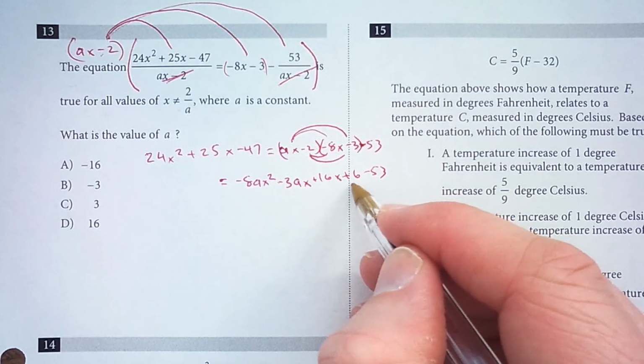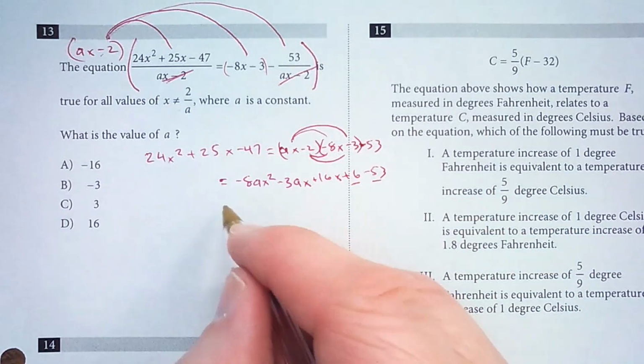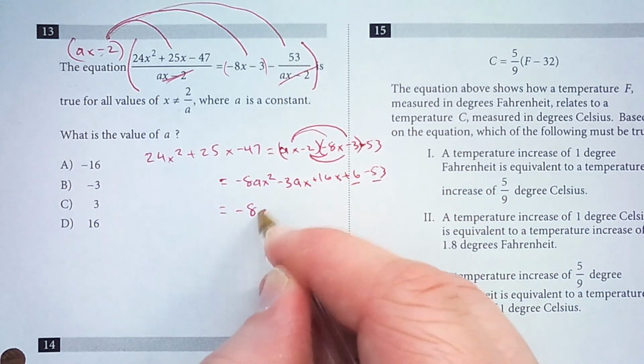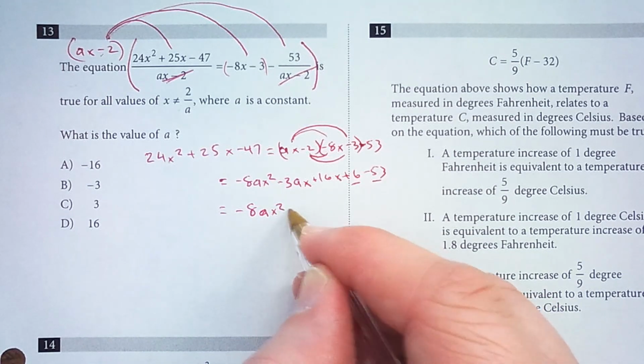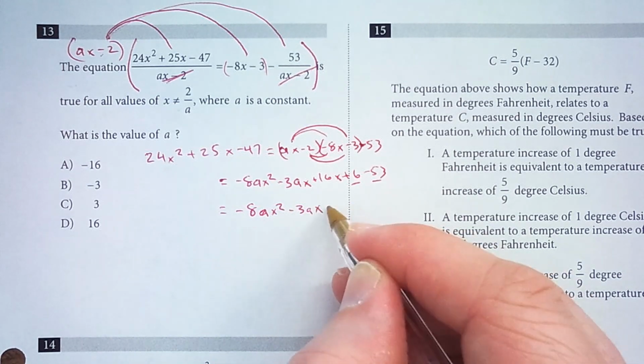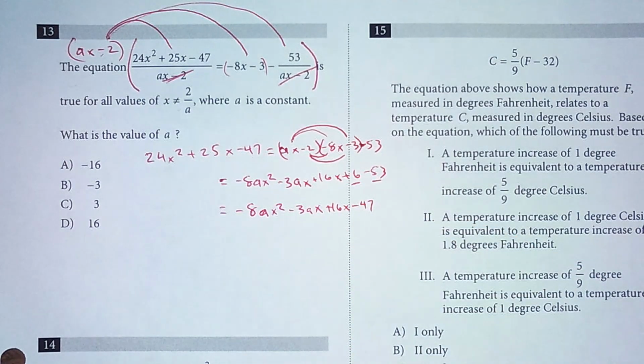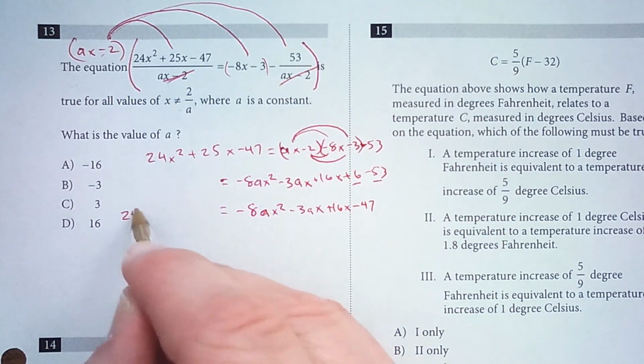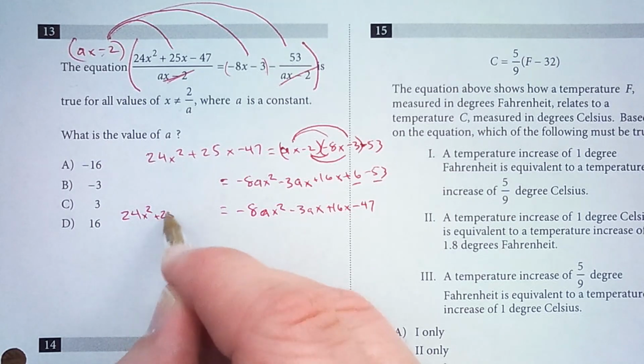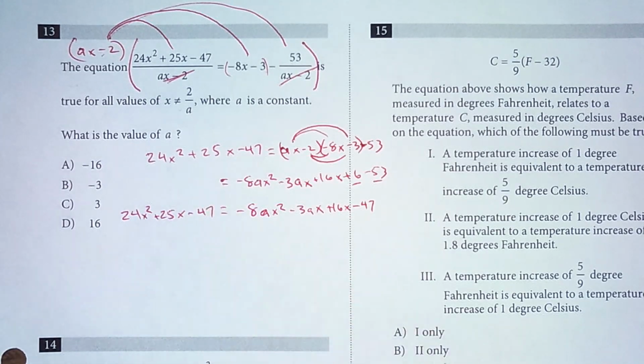Now I've got like terms here that I can combine. So I have -8ax squared minus 3ax plus 16x minus 47 equals 24x squared plus 25x minus 47.